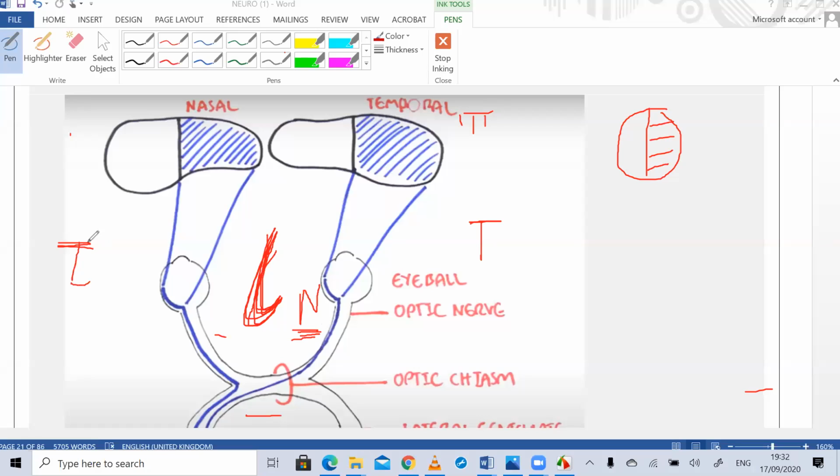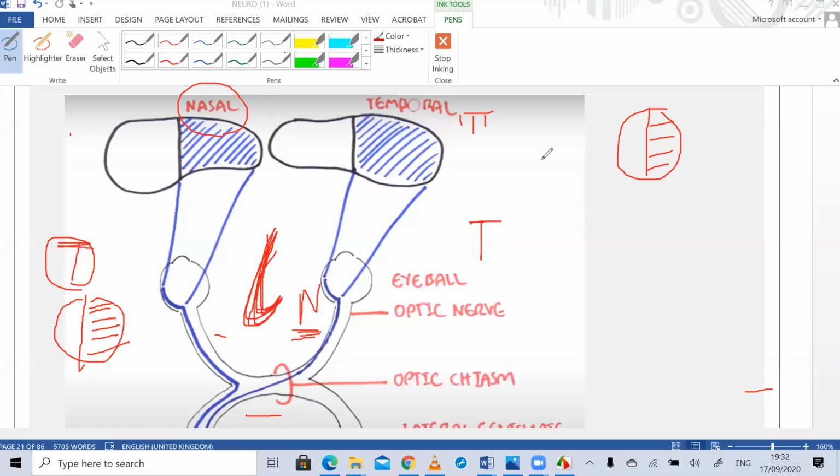So what do you think about the temporal fibers here? The temporal fibers here are transferring what kind of vision? Nasal. So the temporal fibers here are transferring the nasal field. Okay? Here I'm trying to clarify which field is being transferred by which fibers.